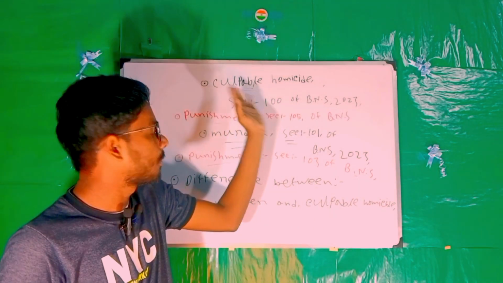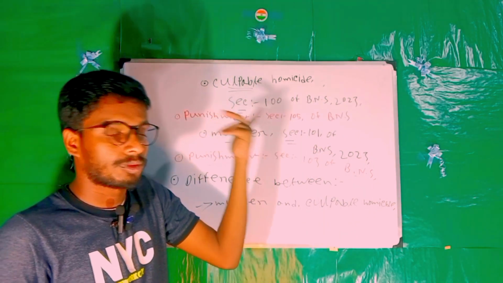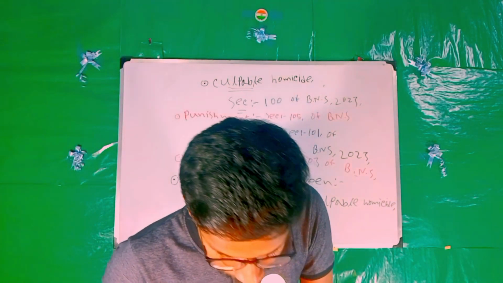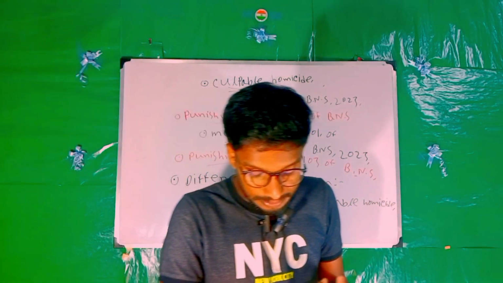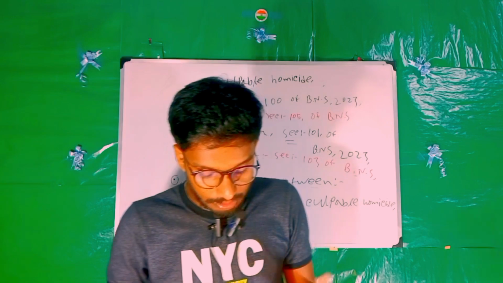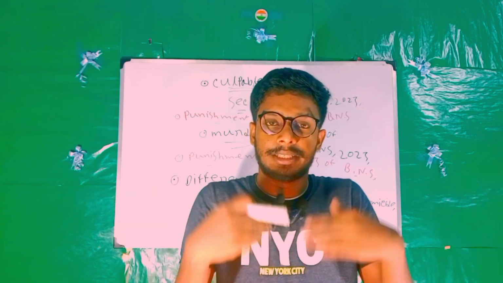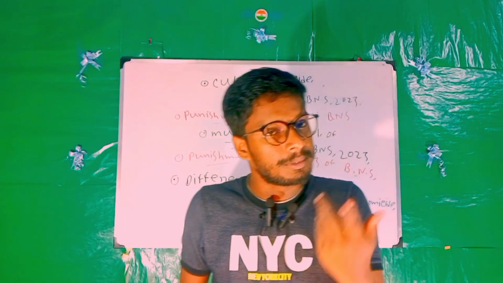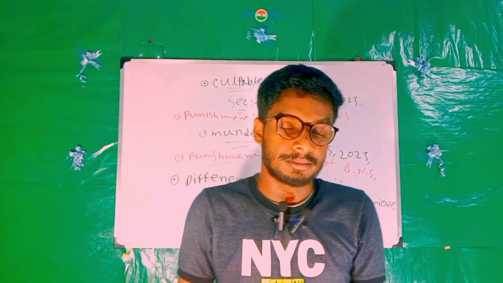Under culpable homicide, there is punishment with fine on both sides. This punishment applies regardless of language, sex, place of birth, or any other ground, to any person. It is a gender neutral offense against the human body. Female and male may both be punishable under this act.